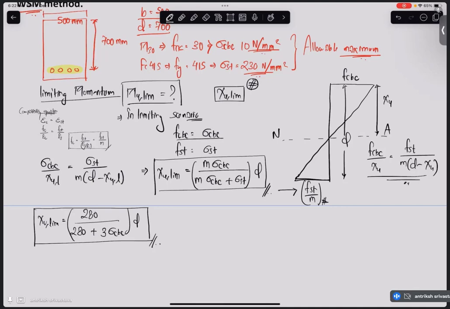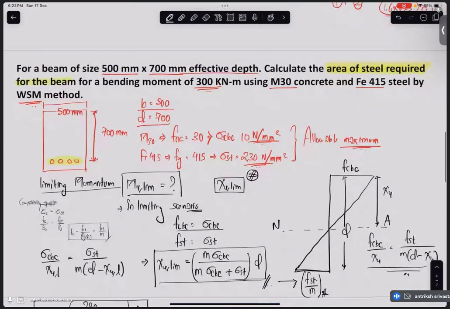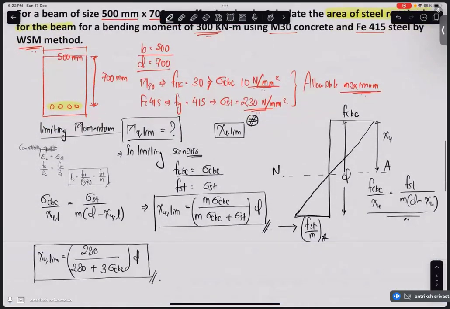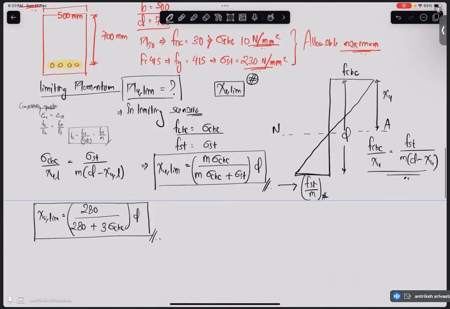So, if you look carefully, you will see that this is quite similar to the formula which we have seen in LSM. Right? We are also going to look at one very similar question in LSM also. So we'll look back at those formulas again. All right. So these are the formulas for your XU limiting. I'm going to highlight them, and I'm going to try to squeeze them in this first slide itself.